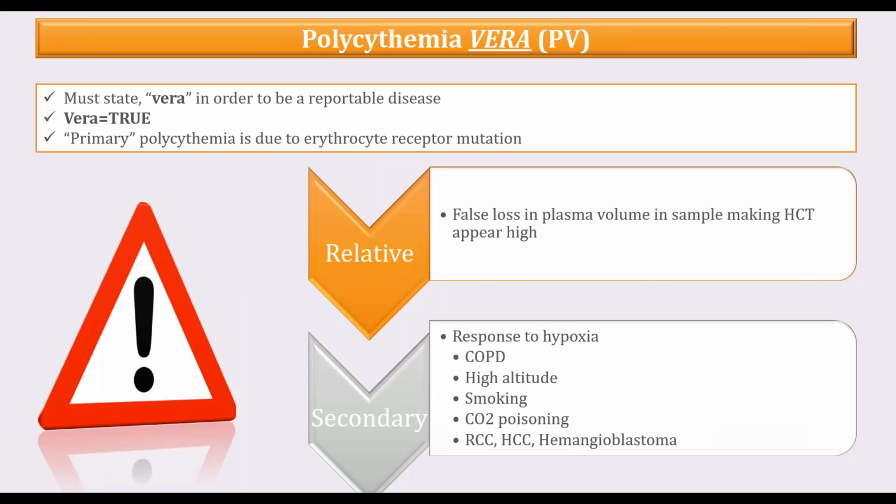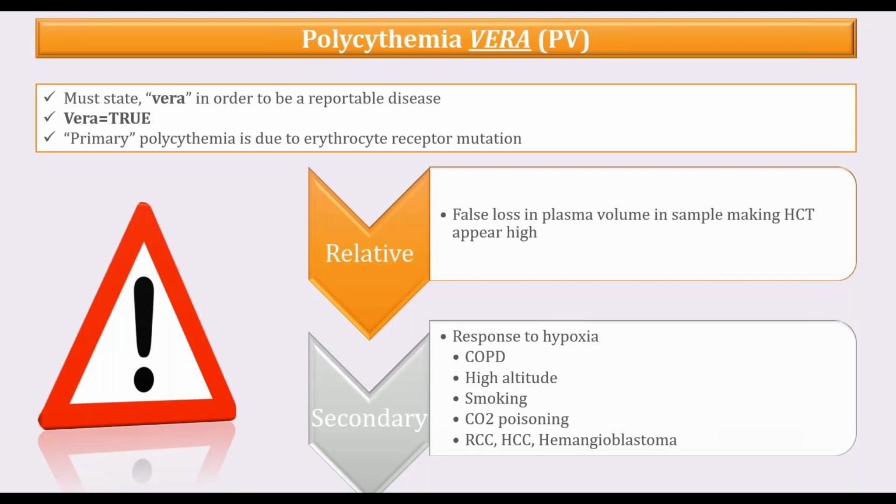Really important here to note is that polycythemia alone, or stated to be secondary or relative, is not reportable. You must have that word vera, which means true in Latin. So true PV is primary and due to what we just discussed, and the JAK2 mutation is in almost all of these patients, causing the overstimulation of those erythrocyte receptors.